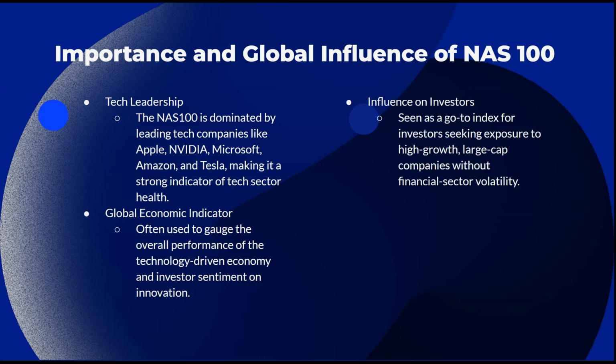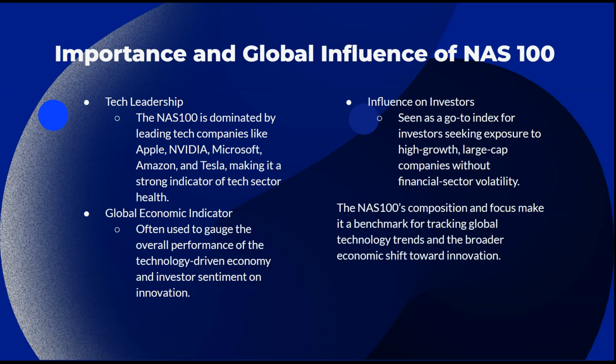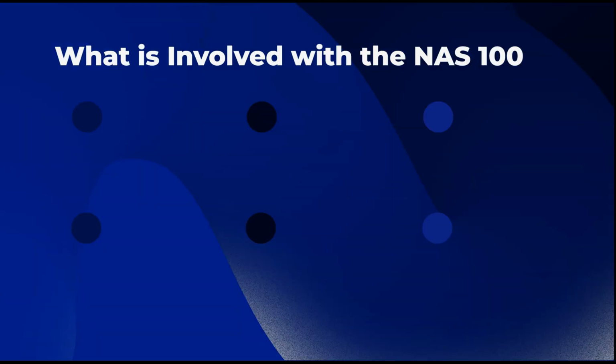Influence on investors. Seen as a go-to index for investors seeking exposure to high-growth, large-cap companies without financial sector volatility. The NAS100 composition and focus make it a benchmark for tracking global technology trends and the broader economic shift towards innovation.